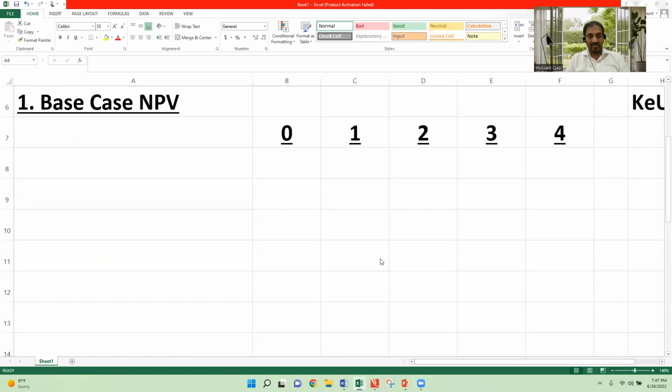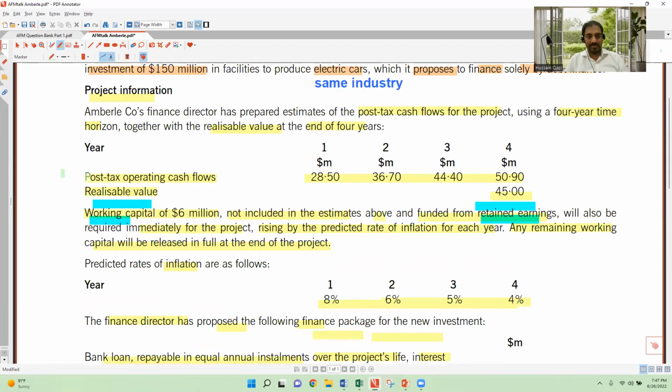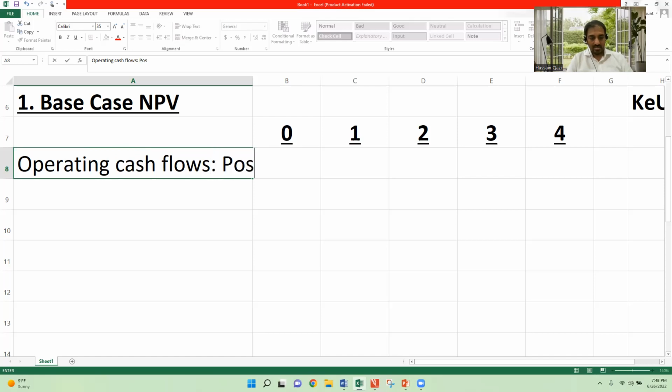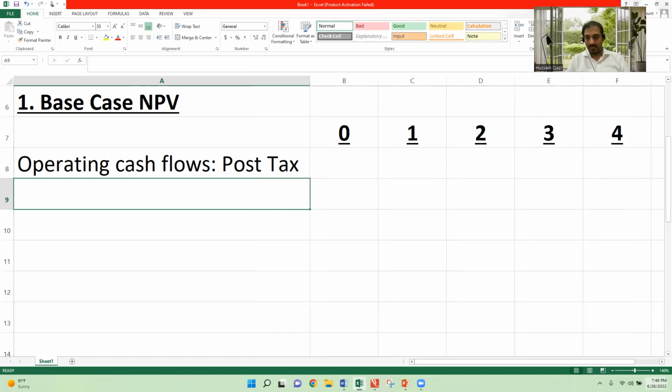Number one, it's a very simple question about the calculations. This is about the post-tax operating cash flows. Quickly, what are these?